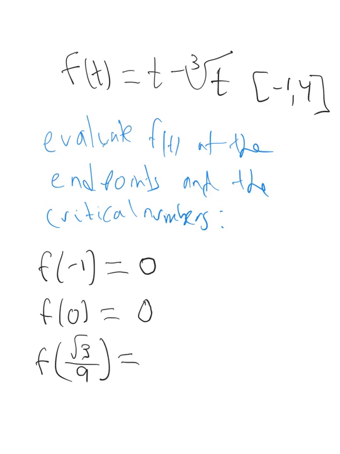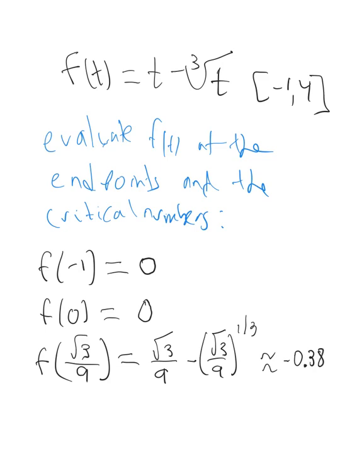So plugging that into our function, we get the square root of 3 over 9 minus the square root of 3 over 9 to the 1/3. And this actually ends up being approximately negative 0.385. Because remember, we have to compare all of these y values. The largest is the absolute maximum, and the smallest is the absolute minimum.